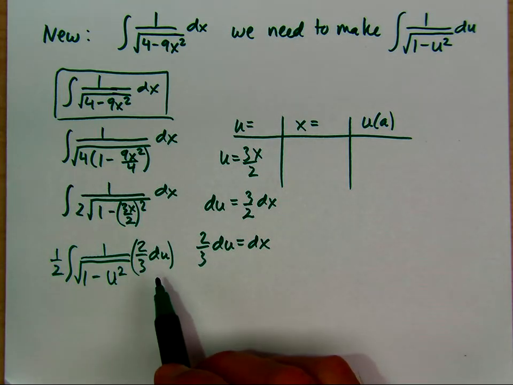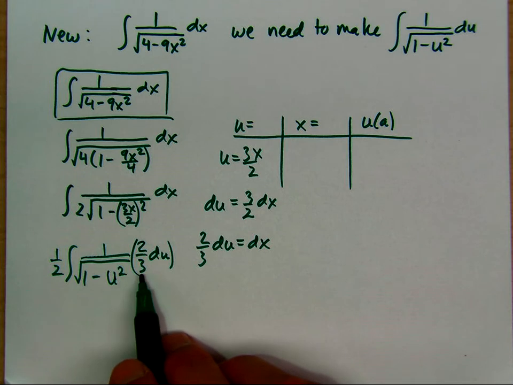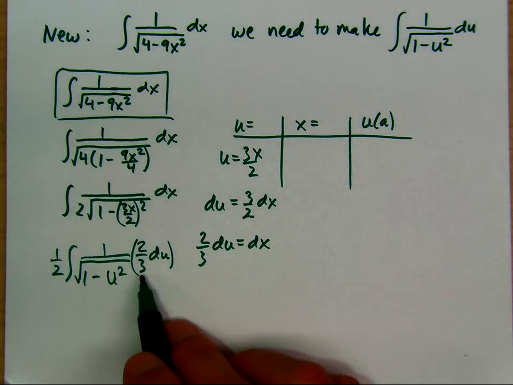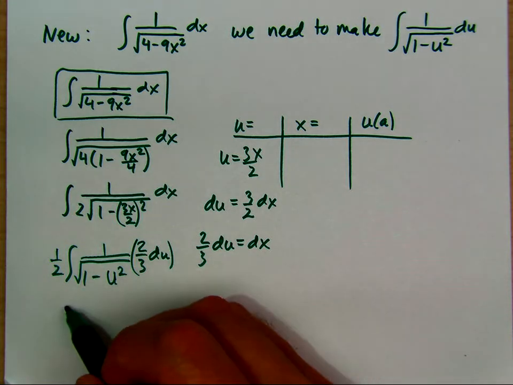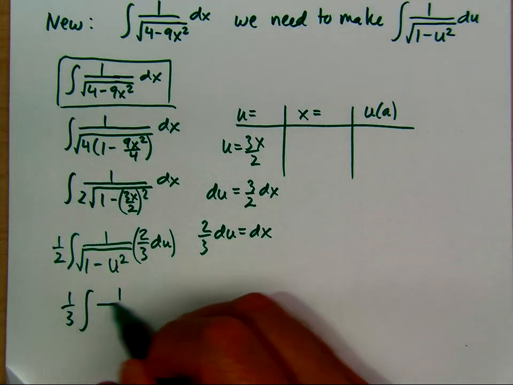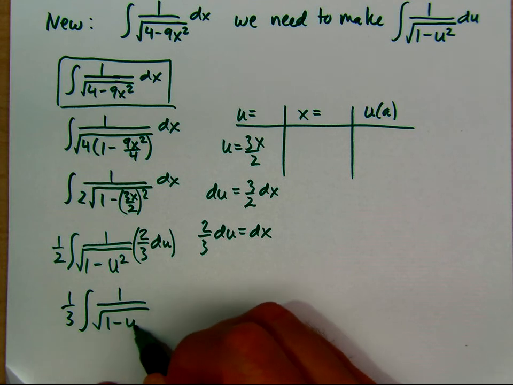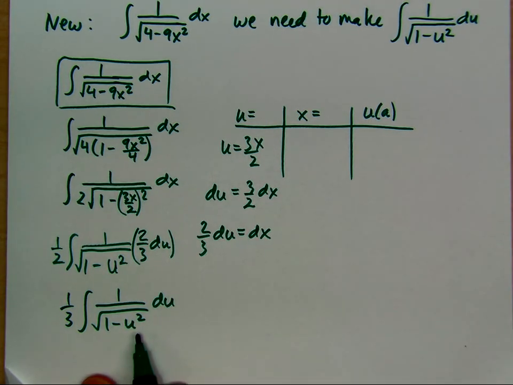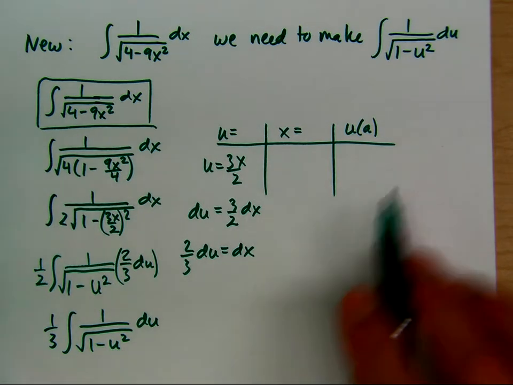And let's put the 2/3 out in front. The 2 cancels that 2, and we just have a 1/3. And now we've created the integrand that we wanted.